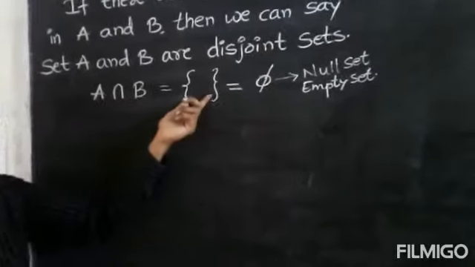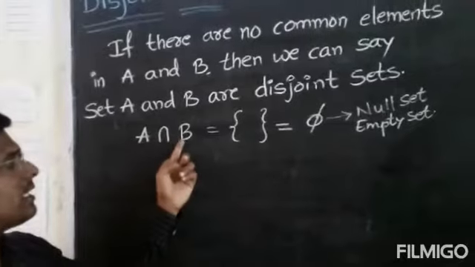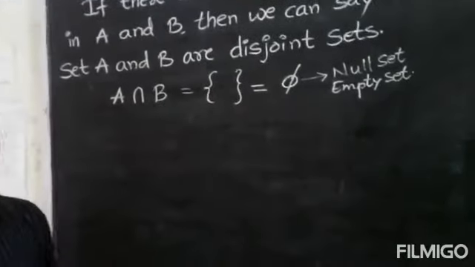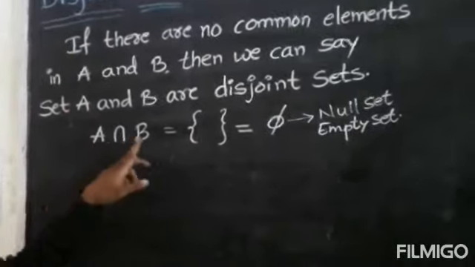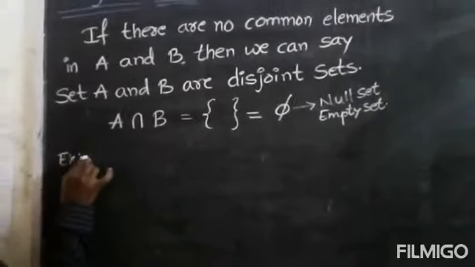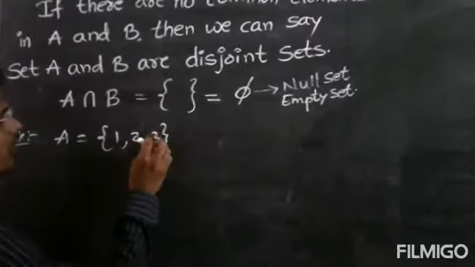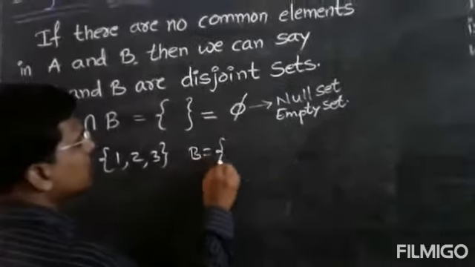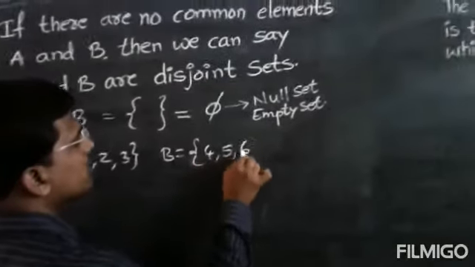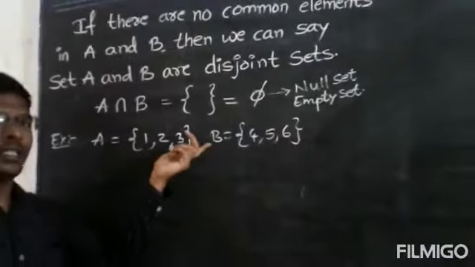It is represented by curly brackets like this. Don't write any element here. So A intersection B is equal to what? Phi, when both the sets A and B are disjoint sets. For example, take A equals 1, 2, 3 and set B equals 4, 5, 6. We have to check whether the given two sets are disjoint or not.